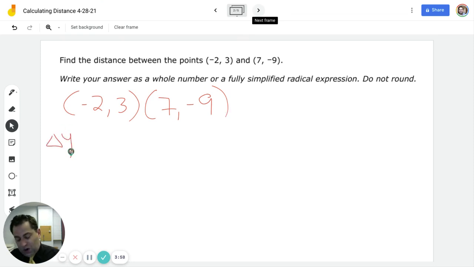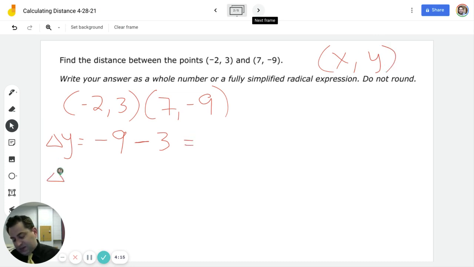Change in y is going to be equal to -9 minus, and then I'm just going to write a 3 because it's my other y. Remember, points are x, y. Okay, that's change in y. Change in x is going to be 7 minus -2.